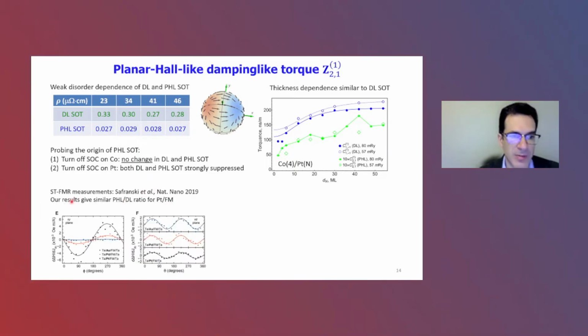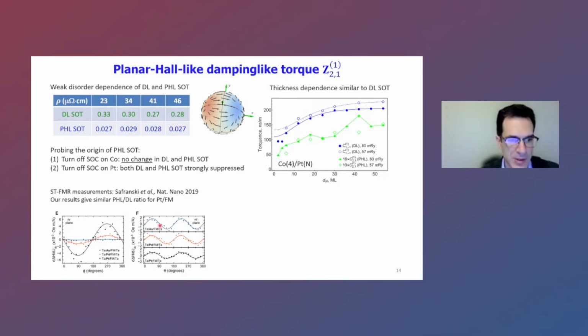There were measurements of this planar-Hall-like torque using ST-FMR, spin torque ferromagnetic resonance, by Safranski and co-workers in this paper. So they measured the current-induced line width change in two planes. The XY plane here is sensitive to the damping-like torque, and the XZ plane is sensitive to the planar-Hall-like torque.